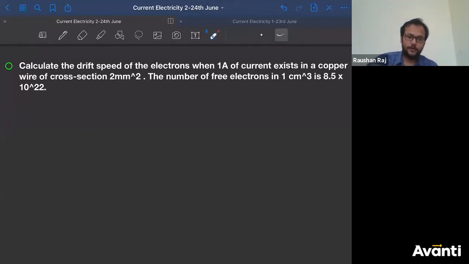It is very easy. You just have to put the value in the formula and get the answer. If you don't want to calculate it, once you put the value, just let me know that you have solved it. Anyway, I'll solve it and give you the final answer, or you can give me an approximate answer. What will be the answer?